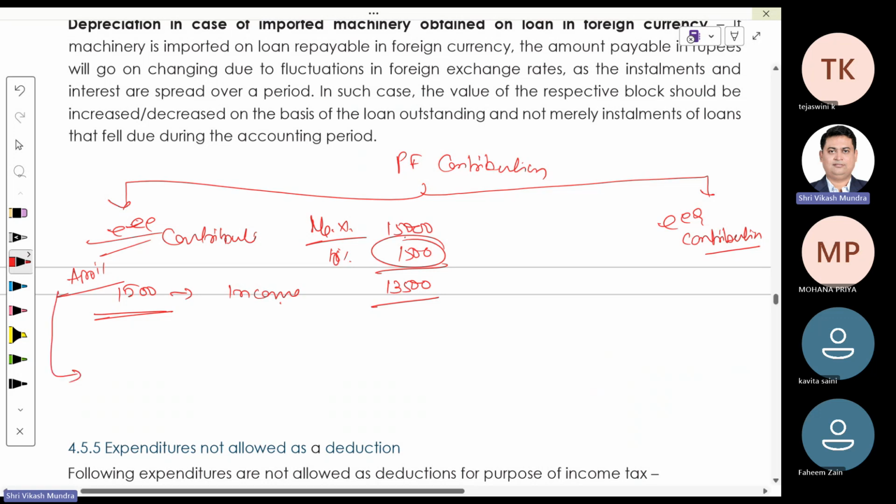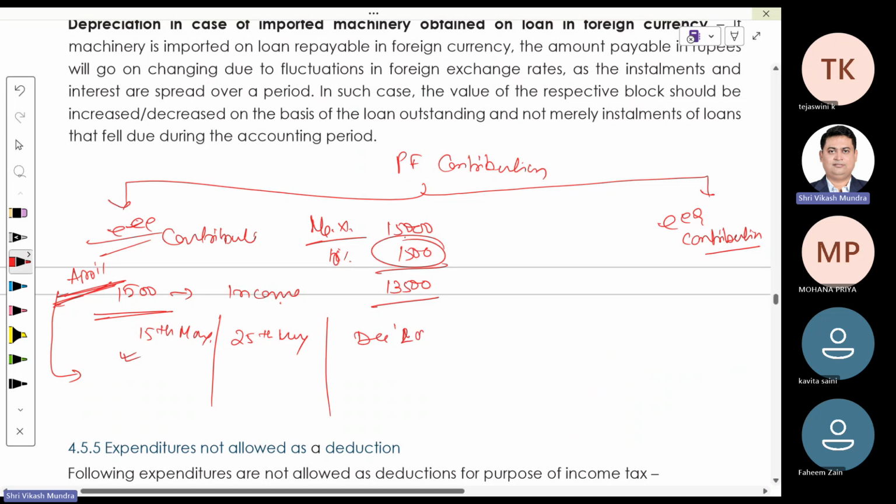It is prescribed that it should be paid within the next 15 days from the end of the month. Say for the month of April, it should be paid by 15th May to the PF authority.